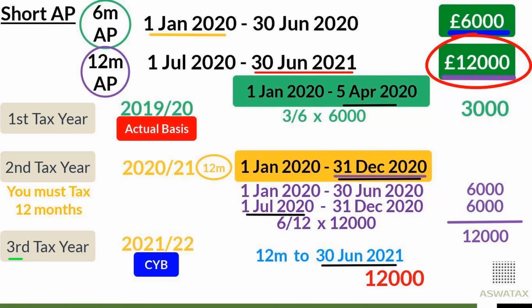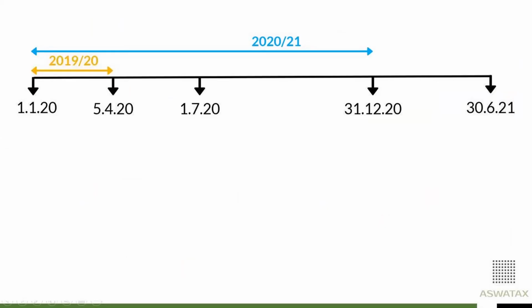And the third tax year, we have 12 months to 30th June 21. So that would be 1st of July to 30th June, which was in the 21-22 tax year. As we say, this makes it very easy to see the overlap profit.